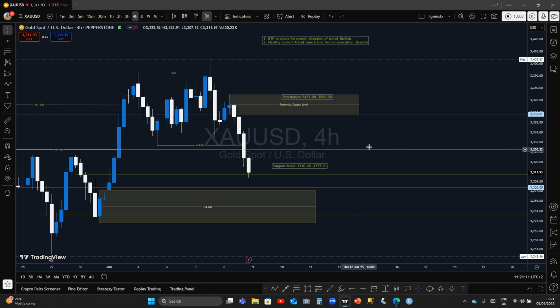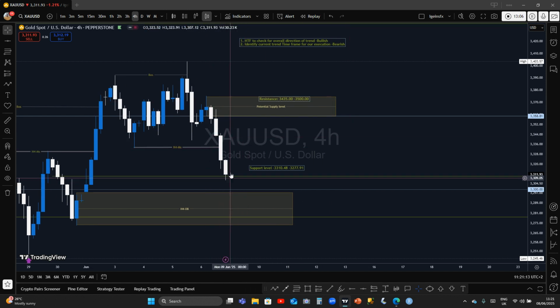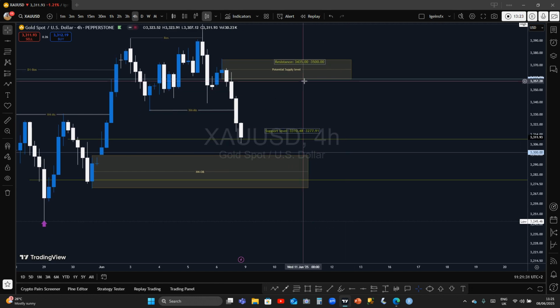So if price pulls back, once it gets to this place, be expecting a reaction from this very point. But if this potential supply level dishes out a sell, that means price should be coming down to retest this 3300.